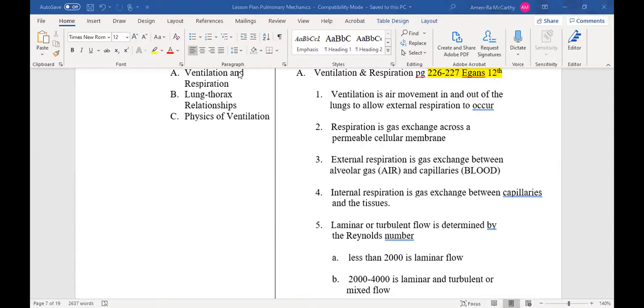What would that permeable cell membrane be made up of that allows respiration in respects to external respiration? Because internal respiration, Michaelin, will be something different, right? But external, that permeable cellular membrane is made up of what? Yeah, that's close, Heather, but what exactly is that?